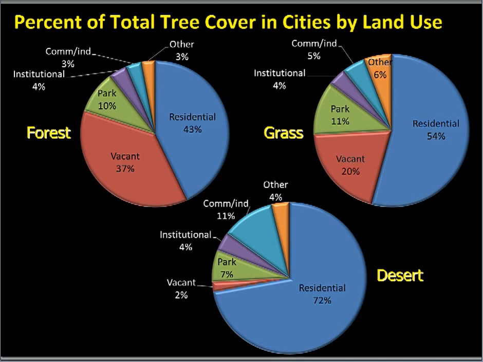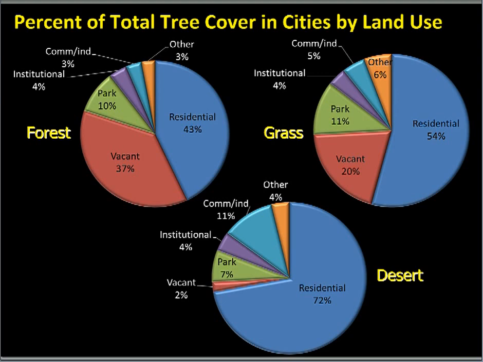What this graphic shows is how the cover is distributed within the city itself. So you can see if you live in a city that's forested, typically about 43% of your total canopy cover comes from residential areas and 37% comes from vacant areas.